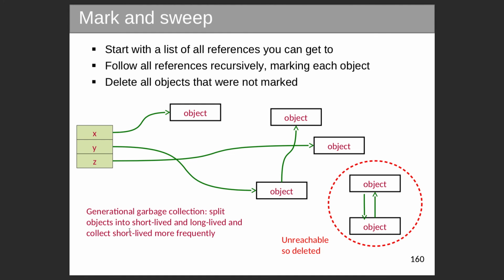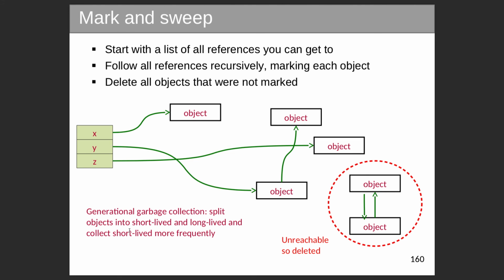Here's one potential algorithm for doing garbage collection. There are many. This one has performance problems, but it gives you an idea about the kind of thing you do. It's called mark and sweep. So what you do is you start off and you say, these are all the references that I'm currently using. So they're like the static fields in all my classes, the variables which are in scope in this particular function, the things which are on the stack.